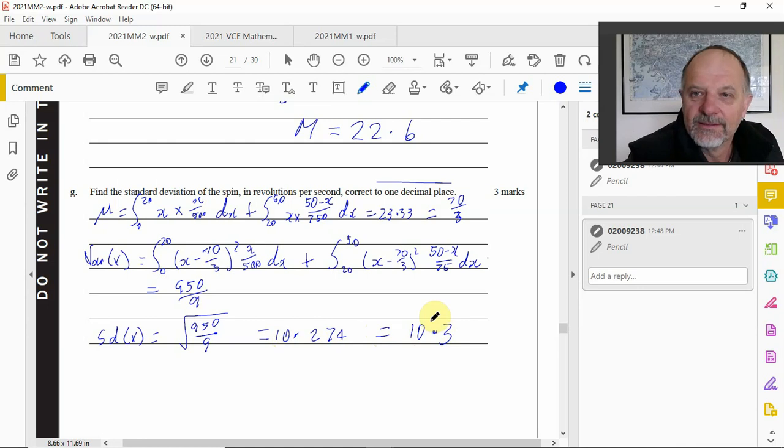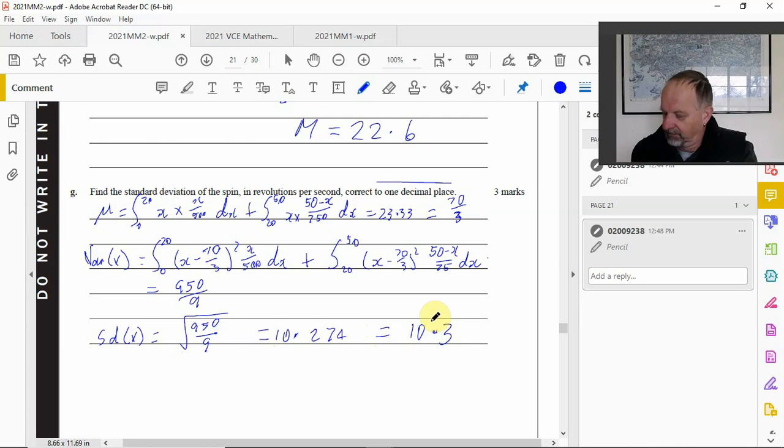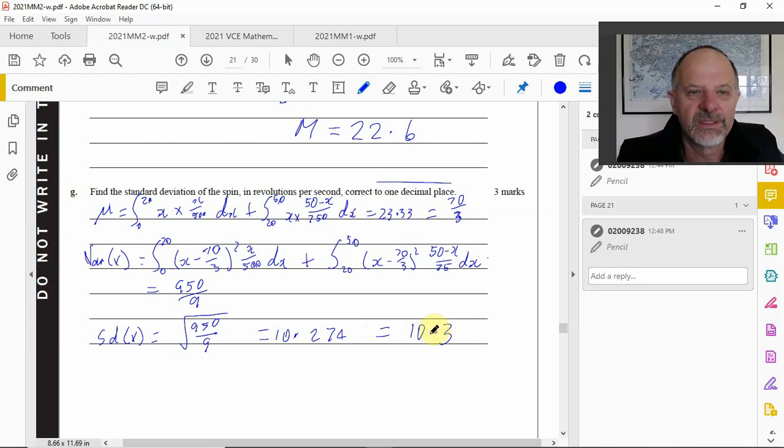So a little bit tricky, a bit complicated with some stuff in that, because they're chopping around a bit in this particular question, so we need to have our wits about us.